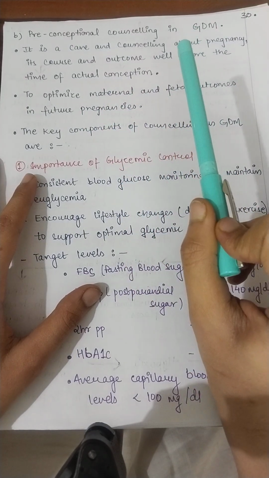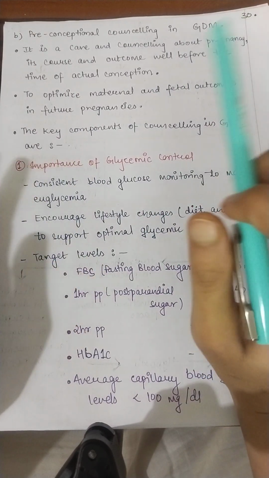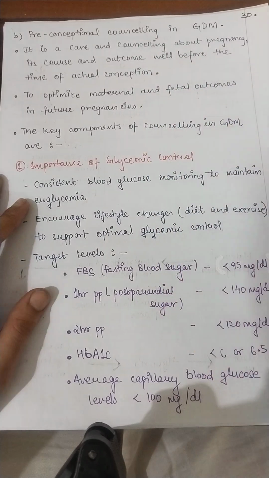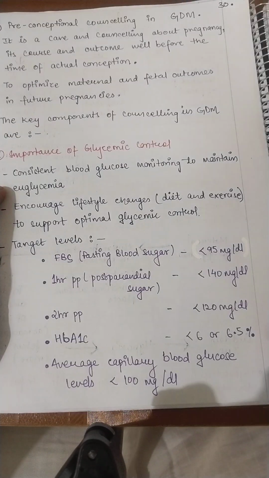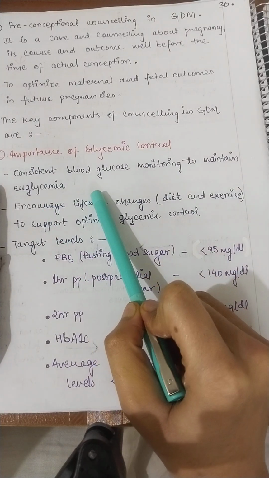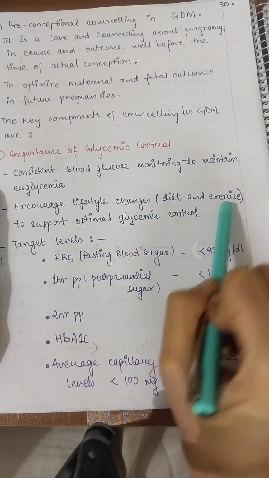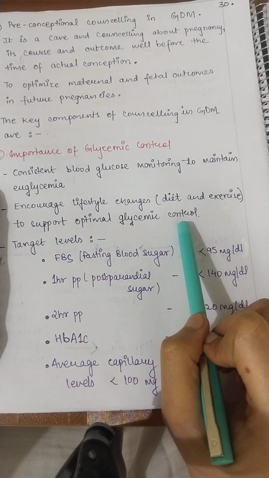The key components of counseling we will discuss here include strict control of glucose, reduction of weight, and medication review. Importance of glycemic control: consistent blood glucose monitoring to maintain euglycemia, and encouraging lifestyle changes including diet and exercise to support optimal glycemic control.